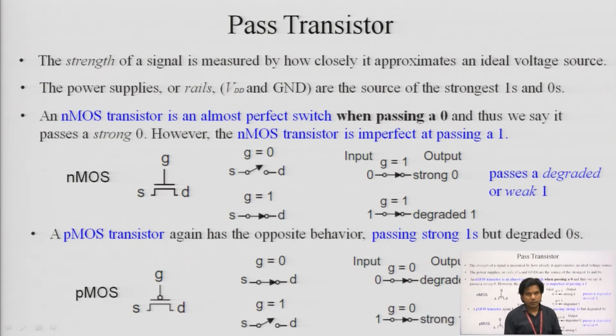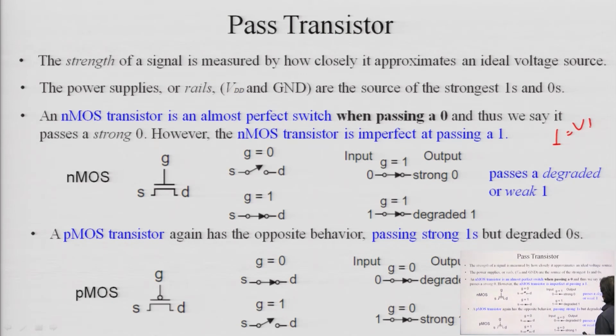Apart from that, we also have a pass transistor, so we can understand how this pass transistor behaves. The strength of a signal is measured by how closely it approximates an ideal voltage source. That means, suppose I am having a 1, that means 1 is VDD.